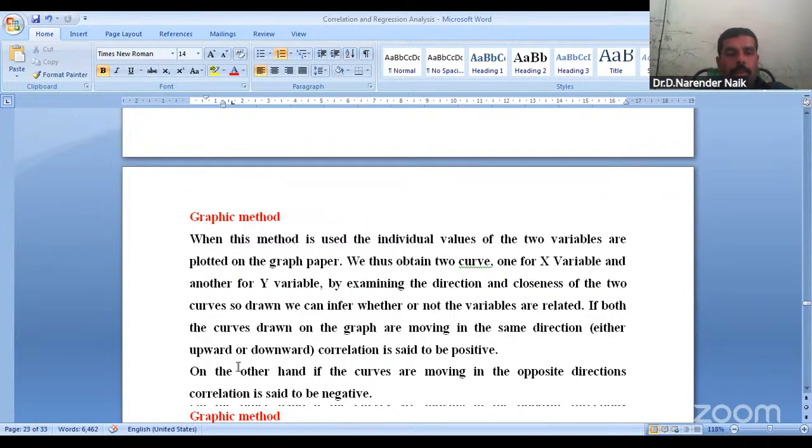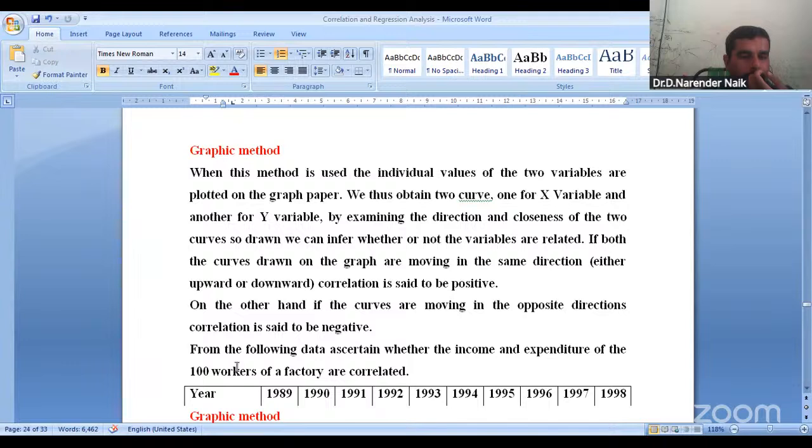If both the curves drawn on the graph are moving in the same direction, either upward or downward, correlation is said to be positive. On the other hand, if the curves are moving in opposite directions, correlation is said to be negative.